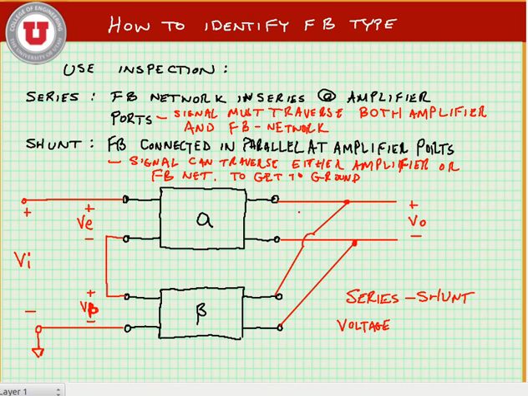And at the output, the shunt connection should reduce the impedance at the output, which also likely would mean that we would like to take a voltage output. Remember, for a voltage amplifier, we want a small output resistance and a large input resistance. And our series shunt feedback creates a large impedance at the input and a small impedance at the output, ideal for a voltage amplifier.